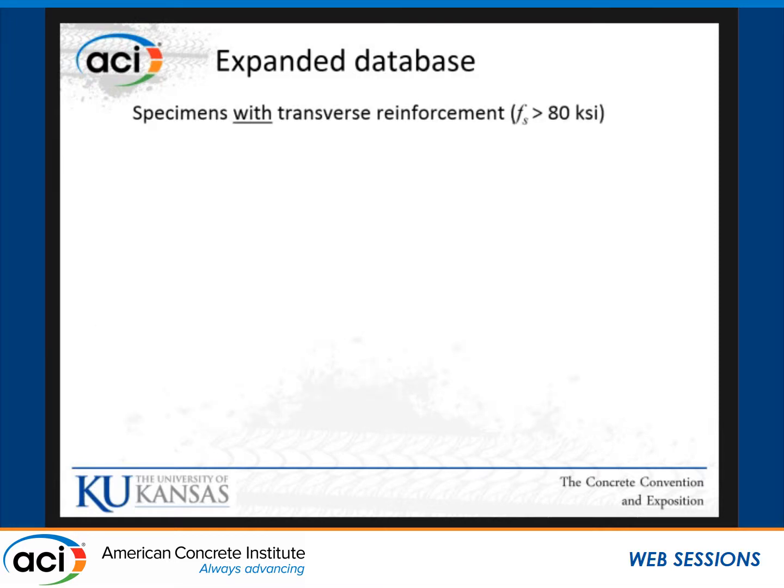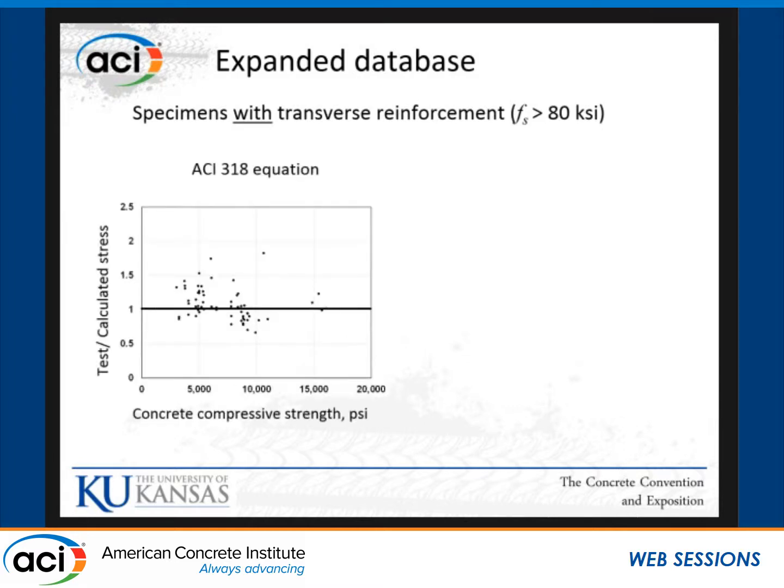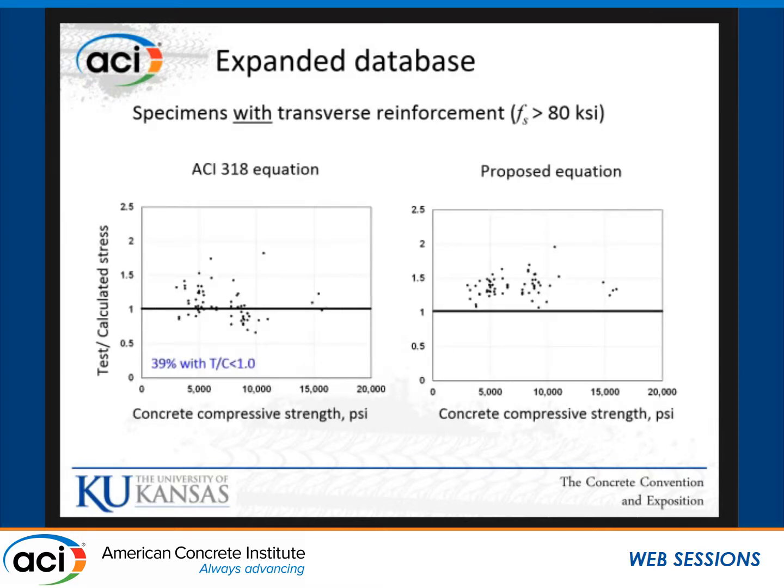When using the specimens with confining reinforcement with stresses greater than 80 ksi, same comparison was made, and we found that 39% of the specimens using the current ACI 318 provision had test over calculated less than 1, and none of the specimens had test over calculated less than 1 using the proposed equation.